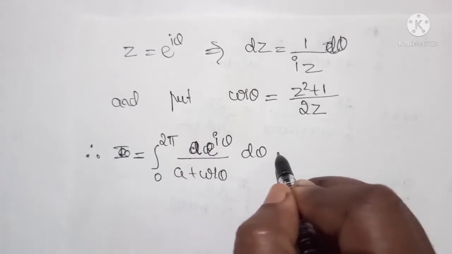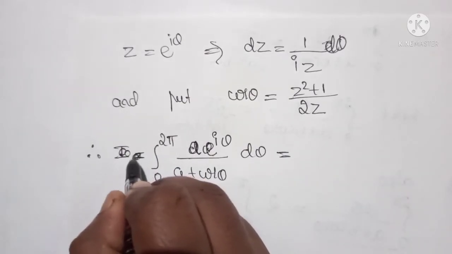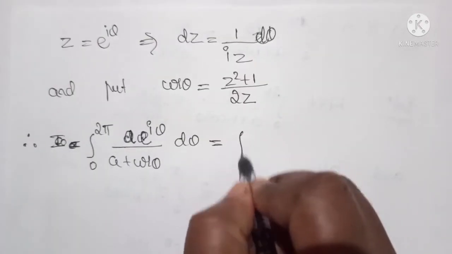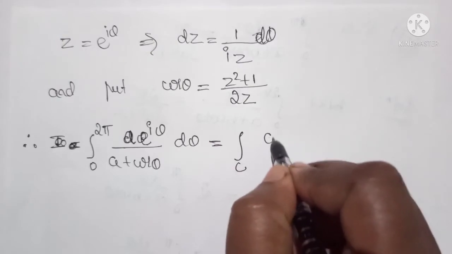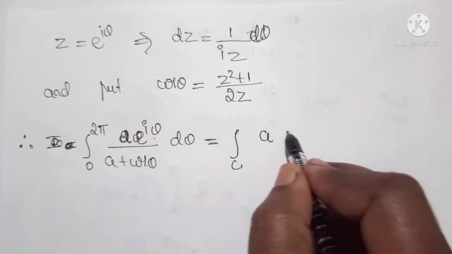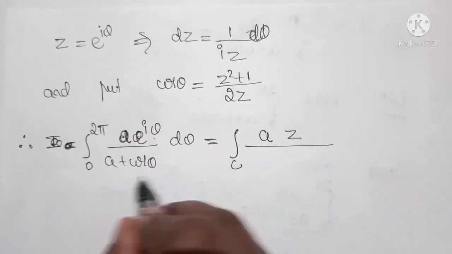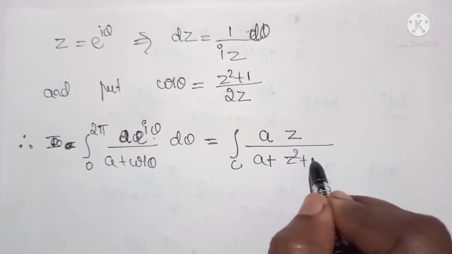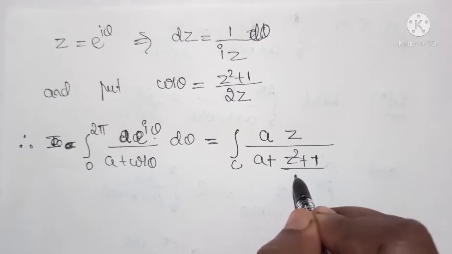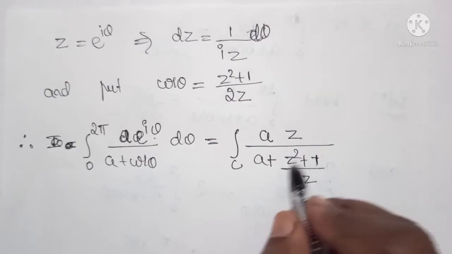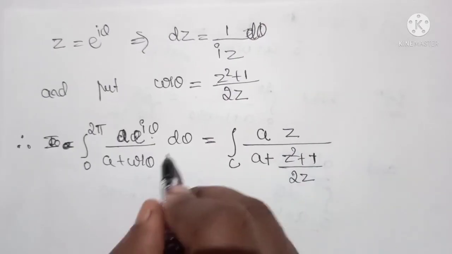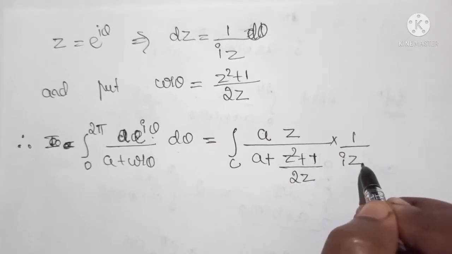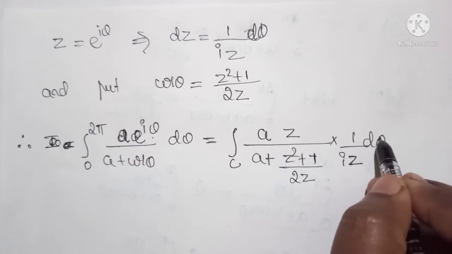It becomes the integral over C of a as it is, e raised to i theta means it is z, in the denominator a as it is, cos theta means z square plus 1 divided by 2z, into d theta, whose value is 1 by i z into dz.